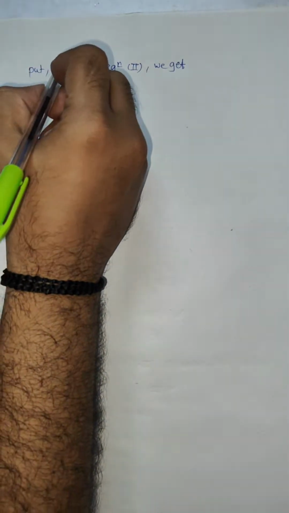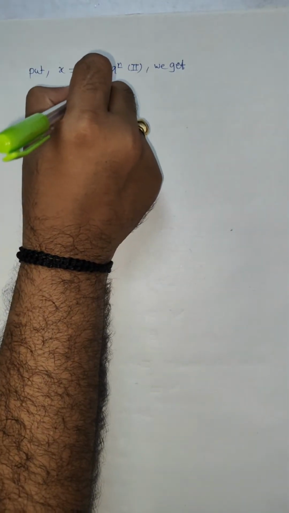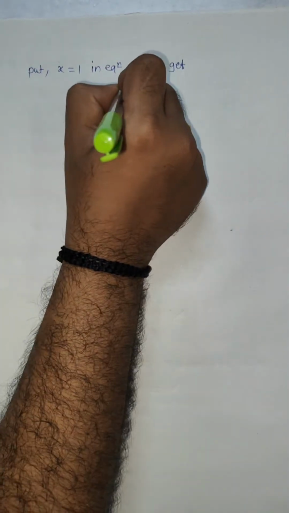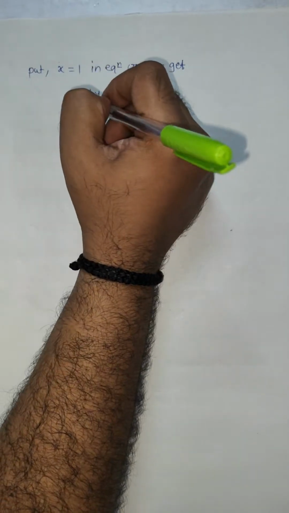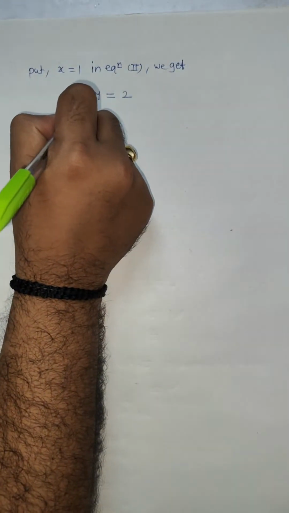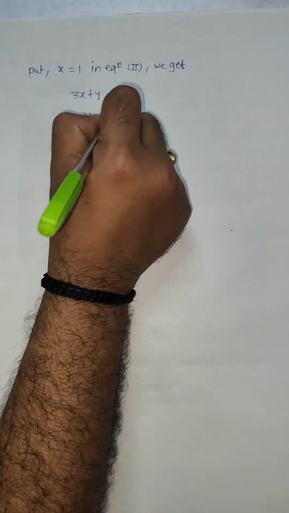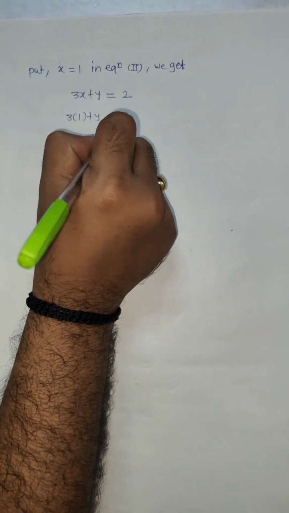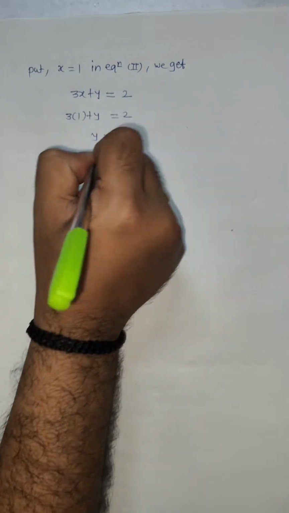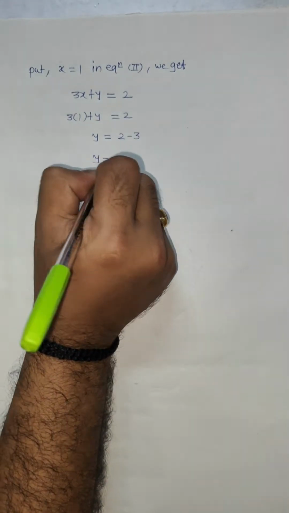We get 3x plus y is equal to 2. Here the value of x is equal to 1. So 3 into 1 plus y is equal to 2. Then y is equal to 2 minus 3. Then y is equal to minus 1.